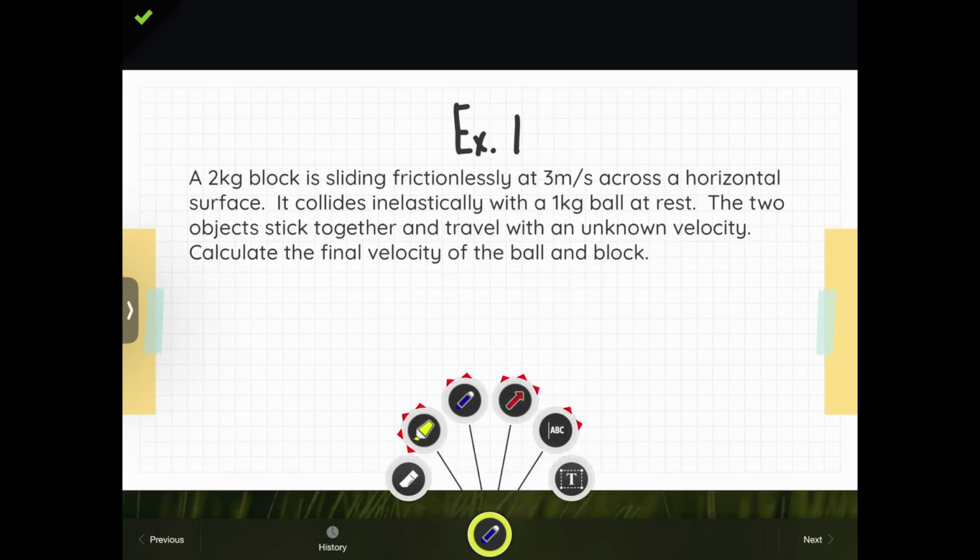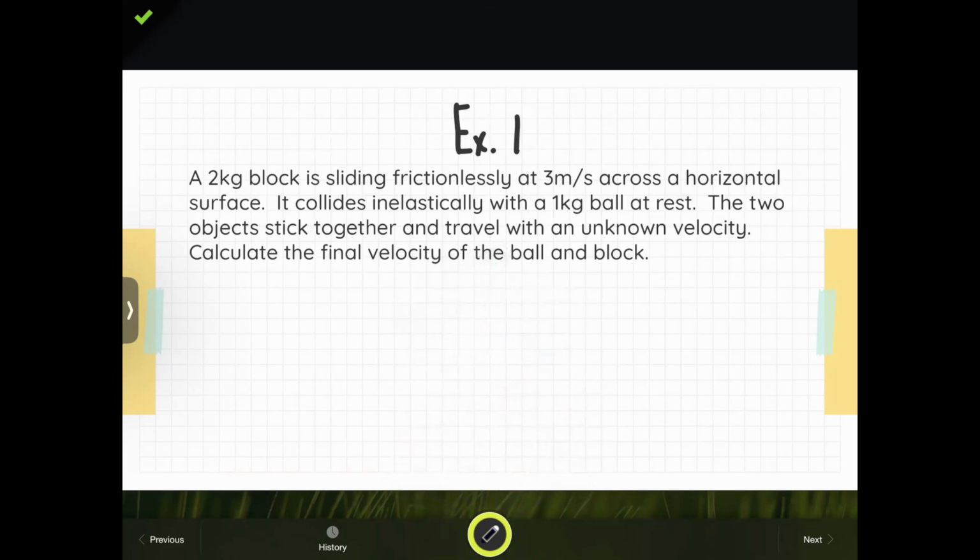So here's what a conservation of momentum problem might look like. And it looks like a lot of words and numbers to keep track of. Notice that you're always going to have at least two objects, which results in at least two masses. But then there's also the velocities before and after, right?